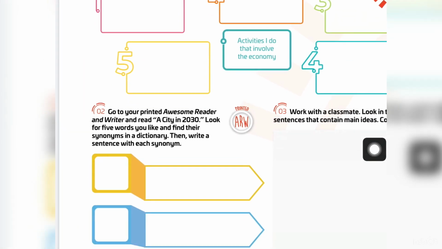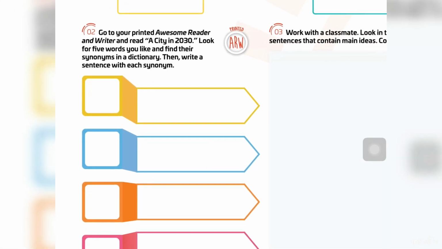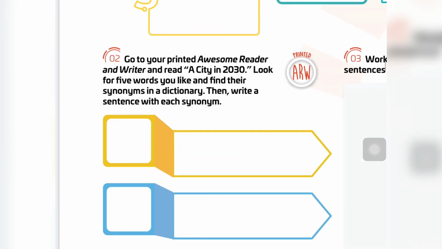So we continue with point number 2 that says, go to your printed Awesome Reader and Writer and read A City in 2030. Look for 5 words you like and find their synonyms in a dictionary. Then write a sentence with each synonym.